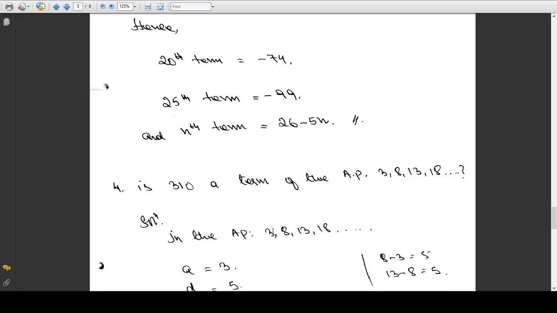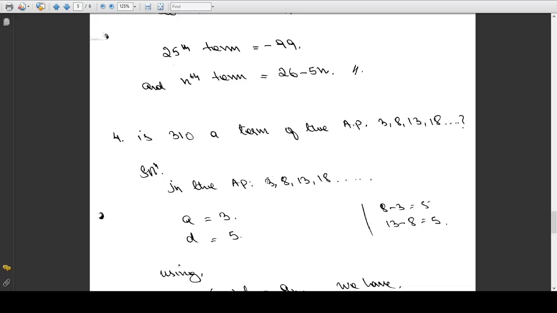In this given AP, the first term is 3, the common difference here is how much? 5. 3, 5, 8, 8, 5, 13, 13, 5, 18. Okay, the common difference is 5, or you can just find out second minus first is 5, third minus second is 5. It simply is the difference between the two terms.